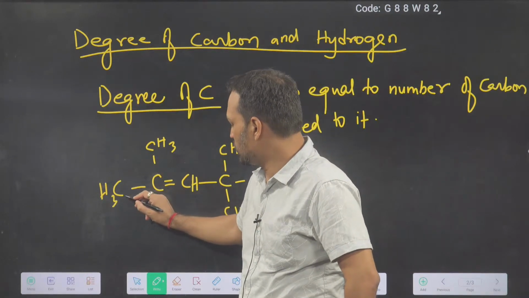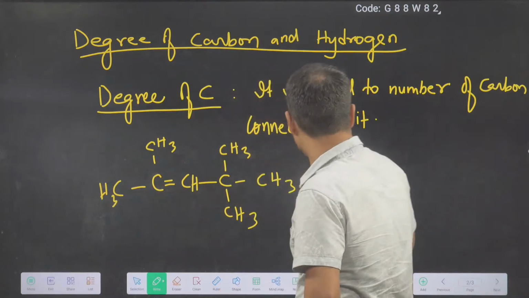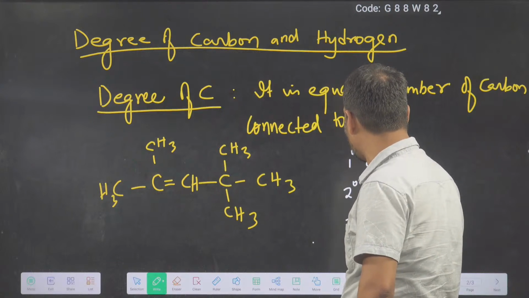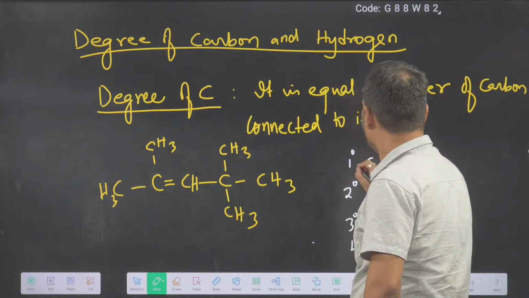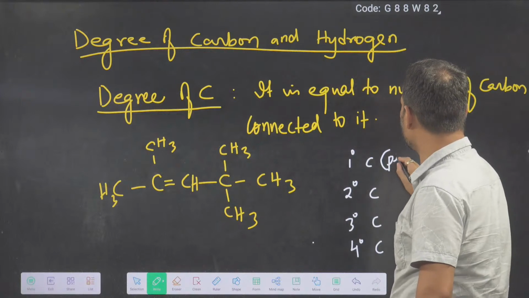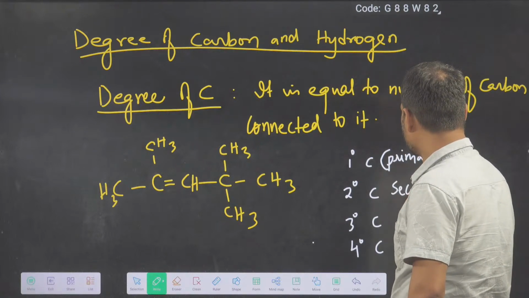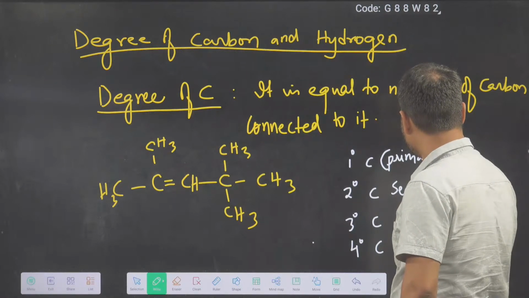Now let's discuss the degree of each carbon. We will discuss 1 degree carbon, 2 degree carbon, 3 degree carbon, 4 degree carbon. 1 degree carbon is also known as primary carbon. 2 degree is also known as secondary carbon.